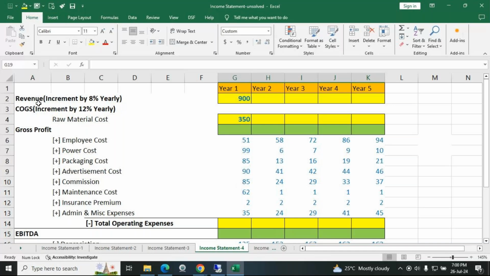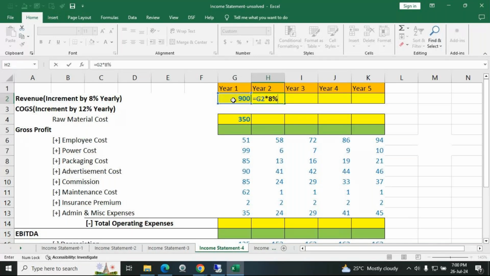Okay, so they are telling that revenue will be incremented. Revenue, they are telling, increments by 8% yearly. So I'll take the first year value into 8% plus the previous year value. I'm going to drag this fill handle.